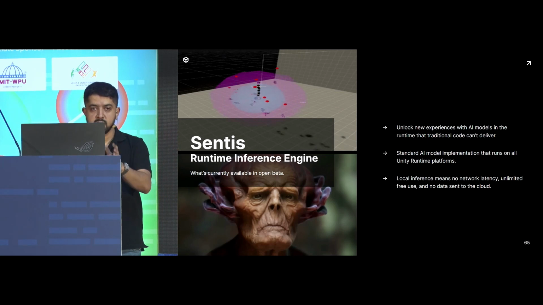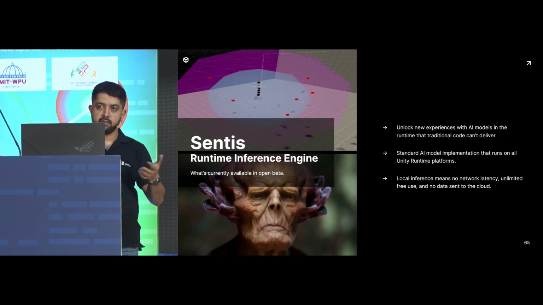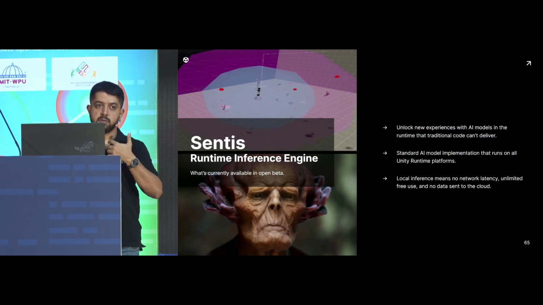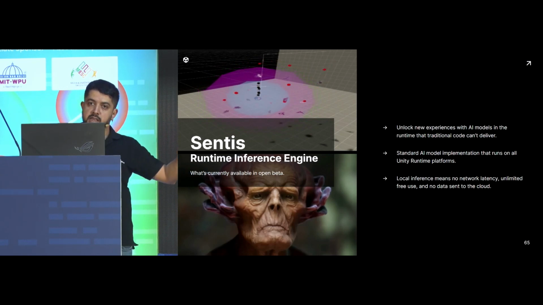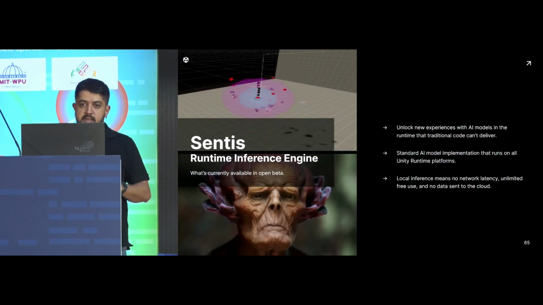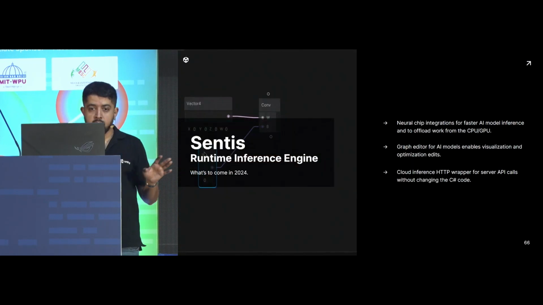So you can just train a very straightforward AI model for something like NPC behavior, something like pathfinding or navigation, and then you can include that in your game to run locally on the device. And this is available across all the platforms that Unity supports.